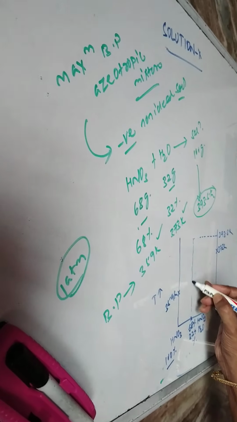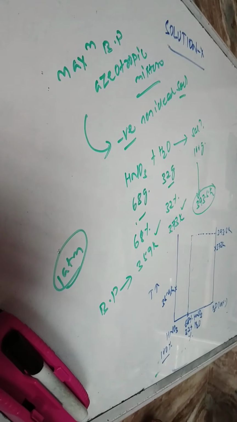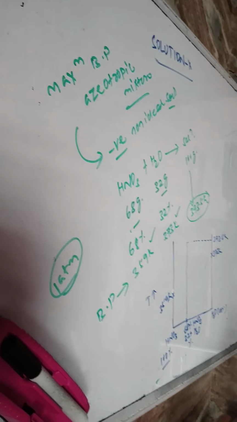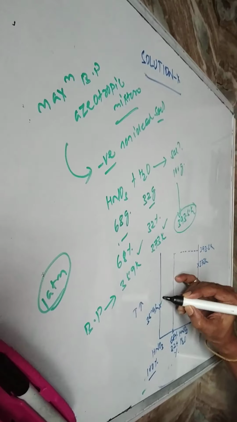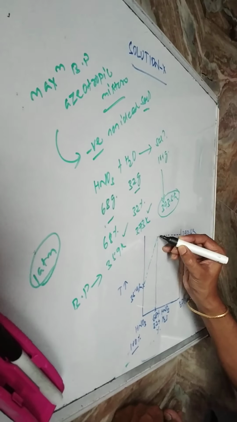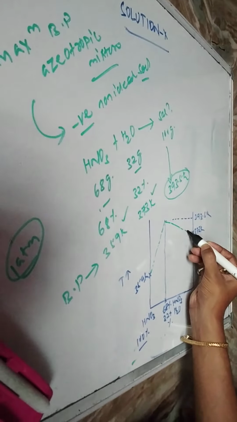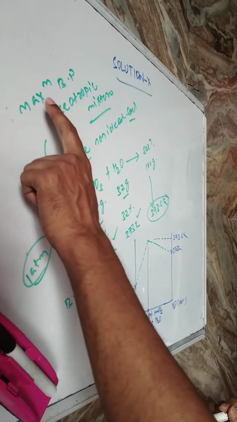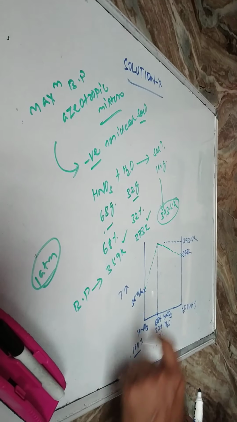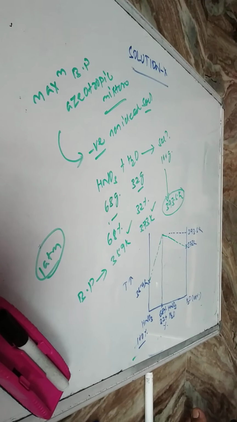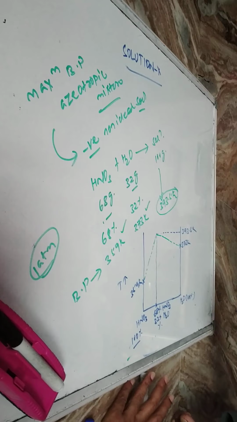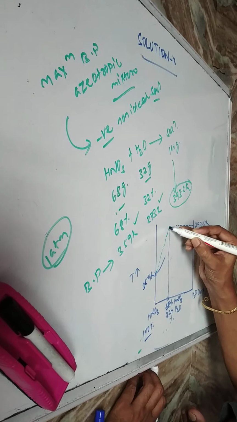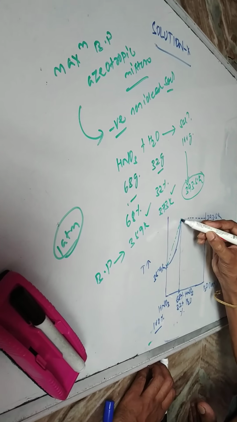Again, assume that it is ideal. That indicates the graph should be a straight line. But our solution is not ideal, and it shows a maximum boiling point azeotropic mixture with negative deviation. Negative deviation means its vapor pressure is less, so its vapor pressure curve should lie below the ideal curve.